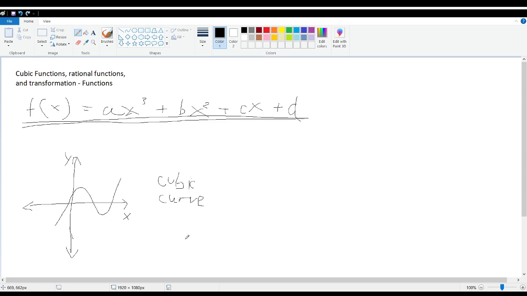In questions that ask what function this graph belongs to, if you see a shape like this, then it's a cubic function. Other varieties include something like this. It depends on the multipliers on each of the variables, like a, b, c, and d. So some cubic functions may look like this.